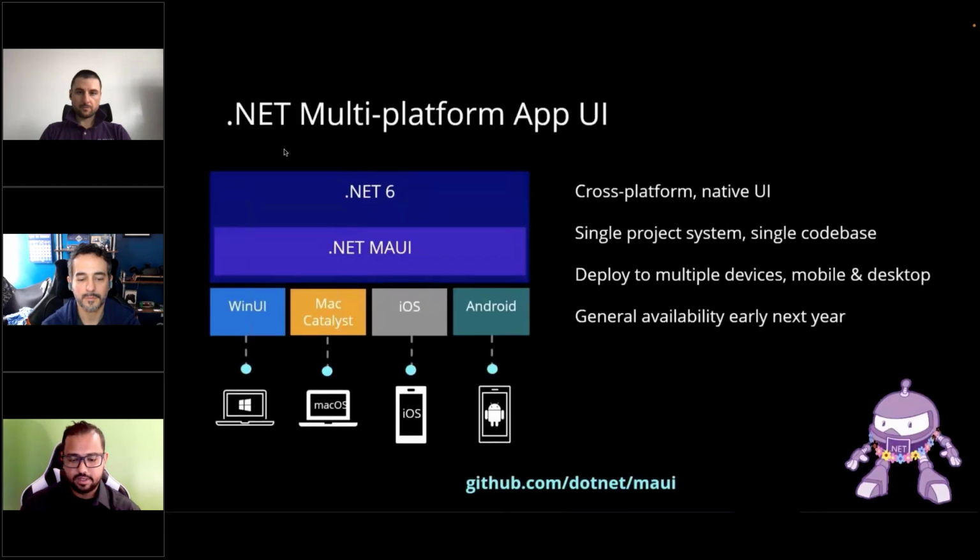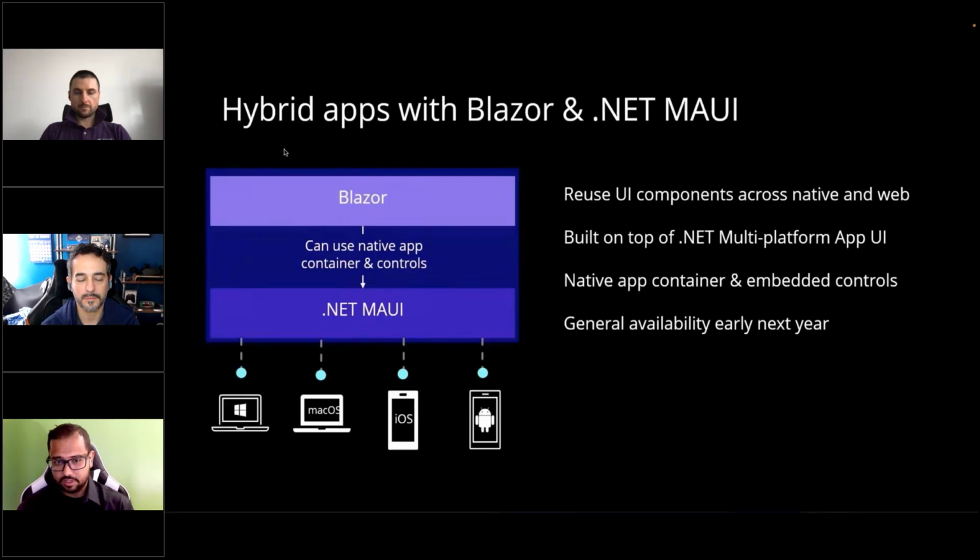And that feeds nicely into something I think Ed is going to talk about as well. We are not talking about desktop and mobile a whole lot, but I find this to be exciting. This is .NET MAUI, which is the evolution of Xamarin Forms if you're doing native apps. The only reason I bring this up is if you are doing Blazor, which is ASP.NET, and Ed's going to talk about all of this, you actually have a very legitimate way of bringing your web assets, your web code, into native desktop and mobile apps.